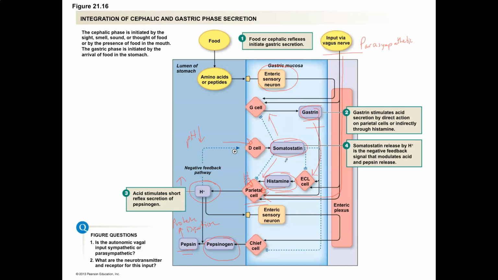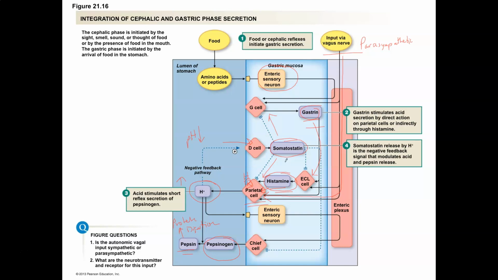So you have both stimulation for acid production, but then if you start to get too acidic, you have a pathway that's going to decrease the acid production. Balancing out acid production obviously is important so that we prevent having ulcerations in the tissue. There are different sorts of ulcer pathways.